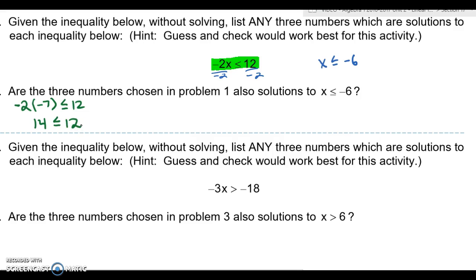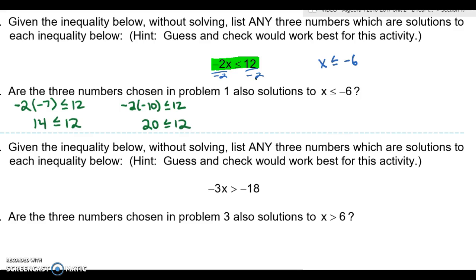If that doesn't work, let me test another integer. Maybe it's just a bad integer. Take negative 10. If I take negative 2 times negative 10, that gives me 20 is less than or equal to 12. That's not true either. Looking back, my work is all correct. I divided by negative 2. There must be something else going on.